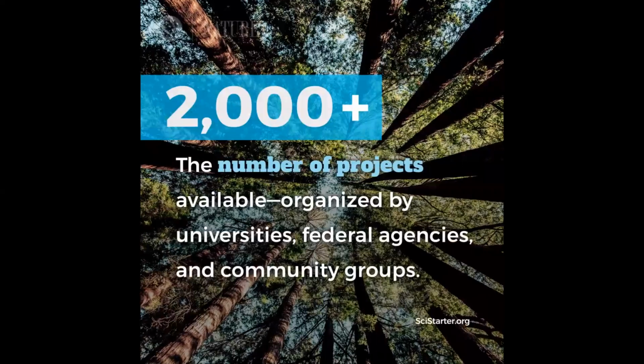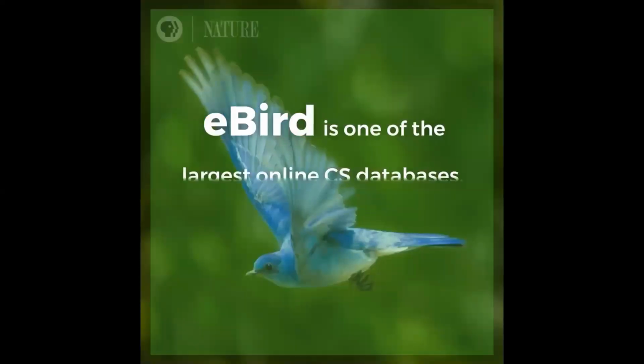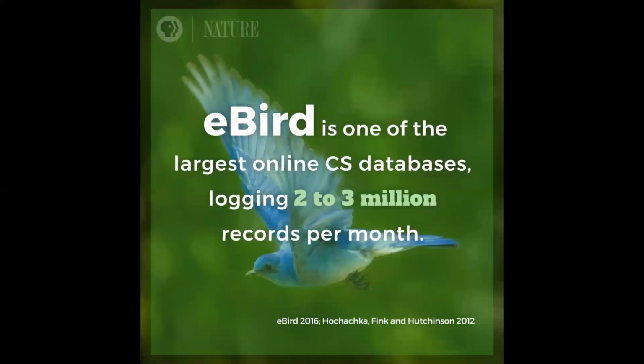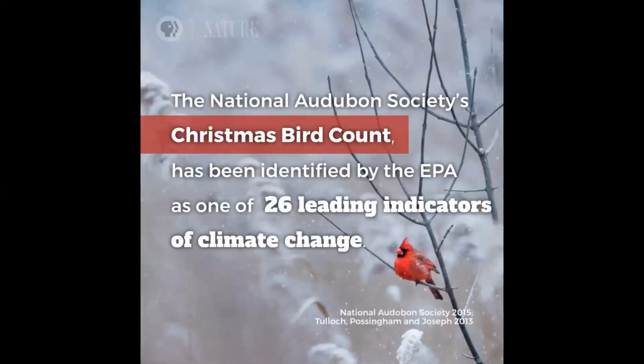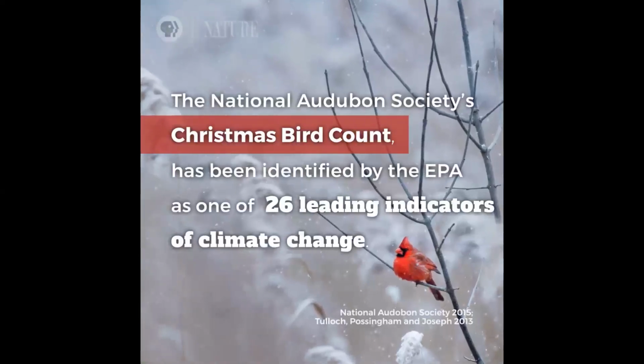So thousands of projects available listed on SciStarter that have been added by all sorts of different groups. eBird, we mentioned that, they get so many data points from people, and they're able to understand bird populations better because of that. The Christmas bird count, that's a citizen science project that helps us understand climate change.